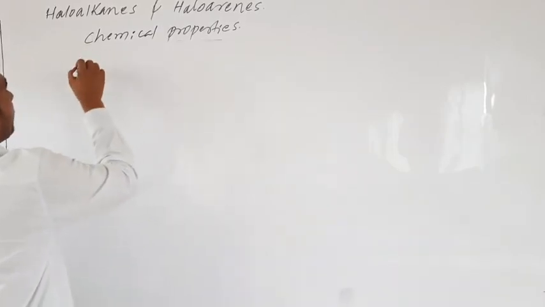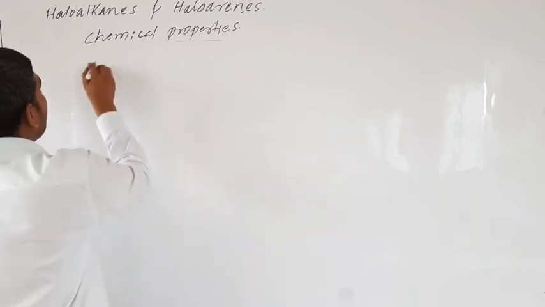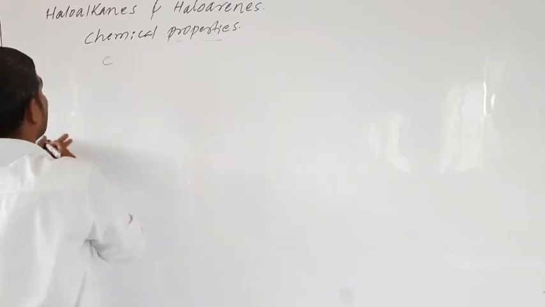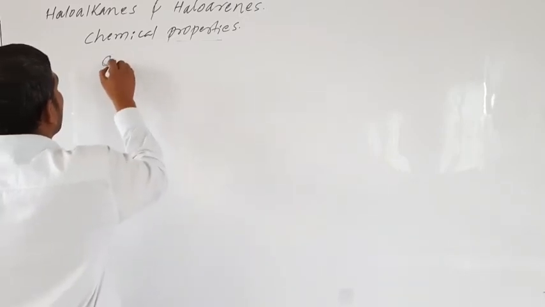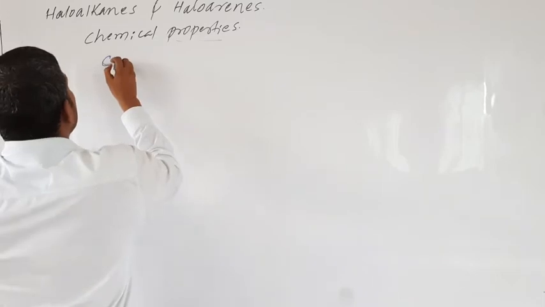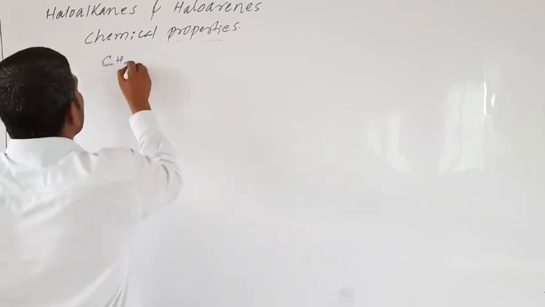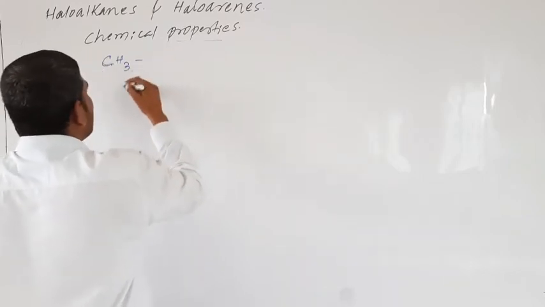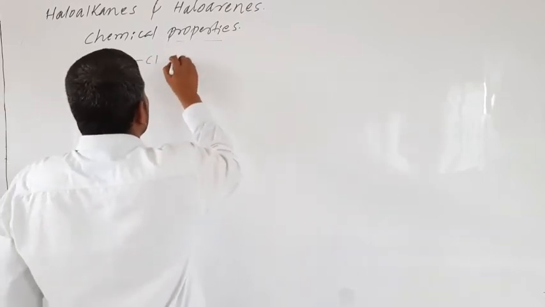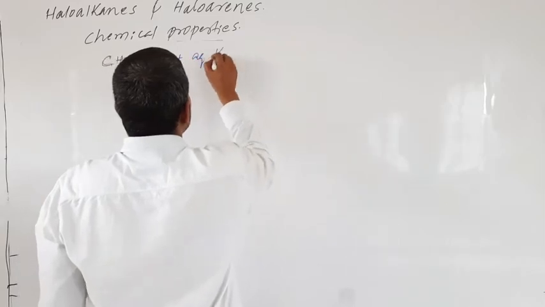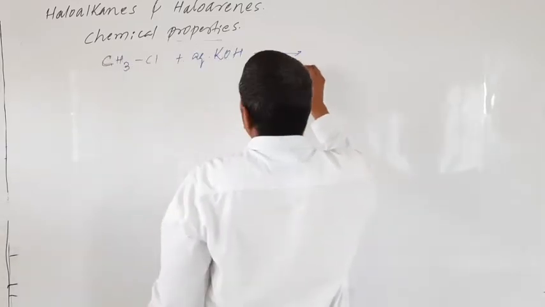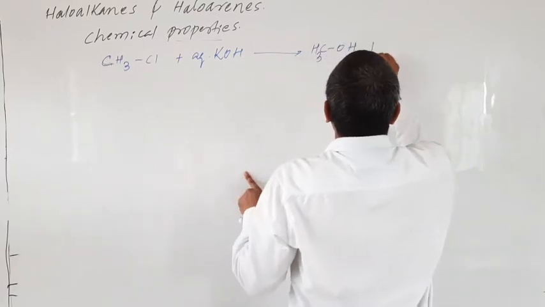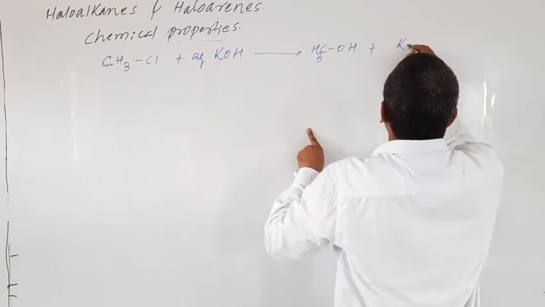Now listen, we know that when methyl halide, or particularly methyl chloride, reacts with aqueous KOH, it forms CH3OH plus KCl.